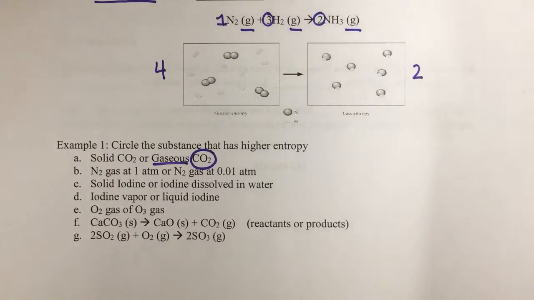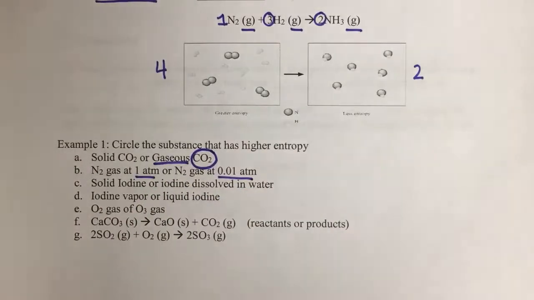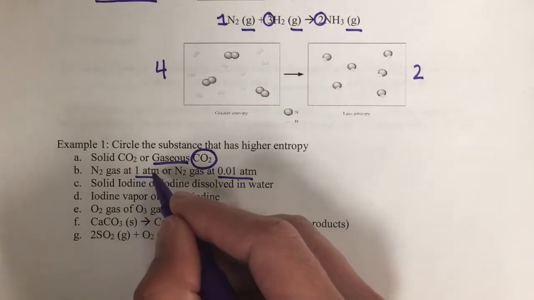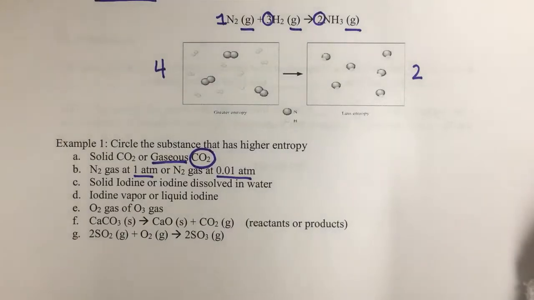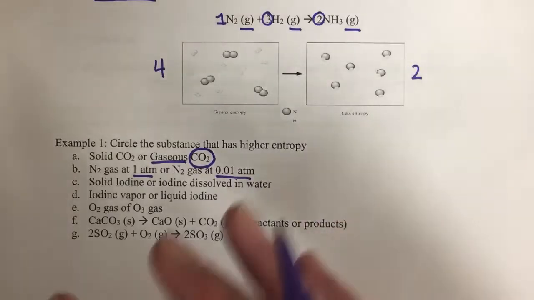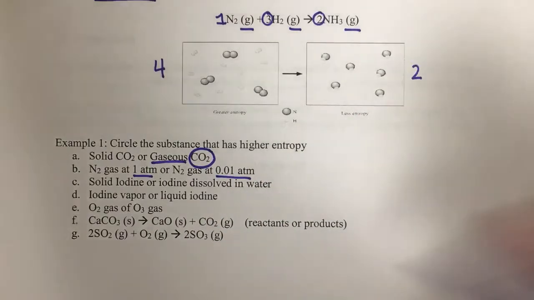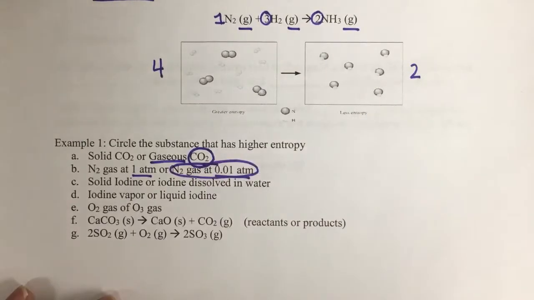B, I've got N2 gas and N2 gas. So same gas, they're both gases. The only thing that changes is the pressure. Well, let's think about our gas. If I have more pressure, I'm going to be more squished together. I'm going to be less spread out. I'm going to be less random. If I have less pressure, everything spreads out, and so it's going to be more random.